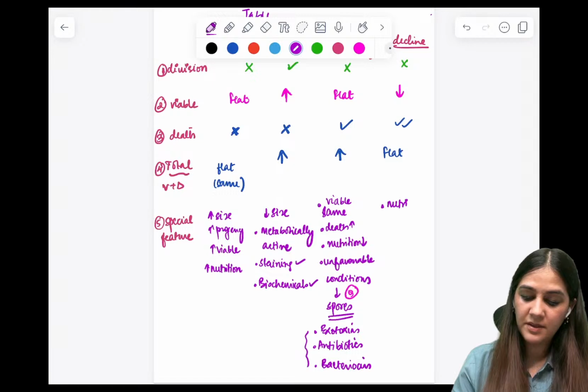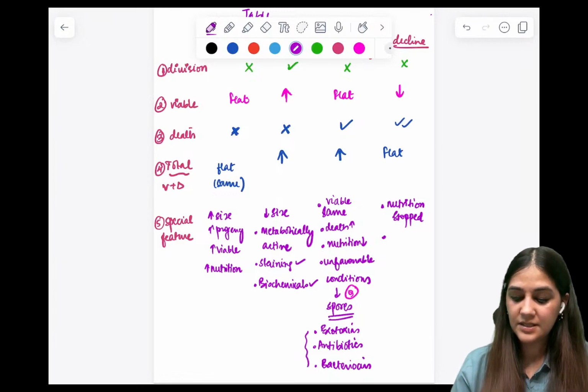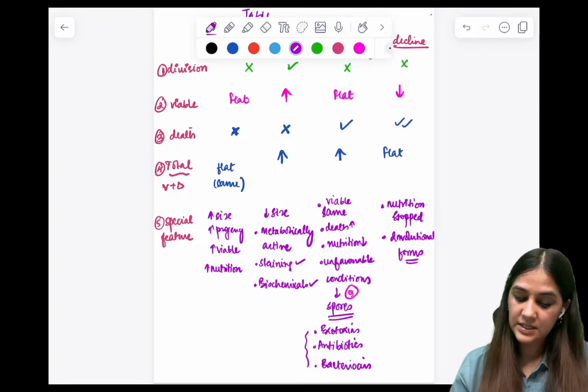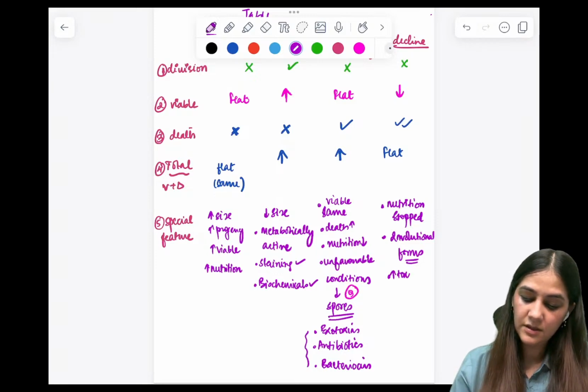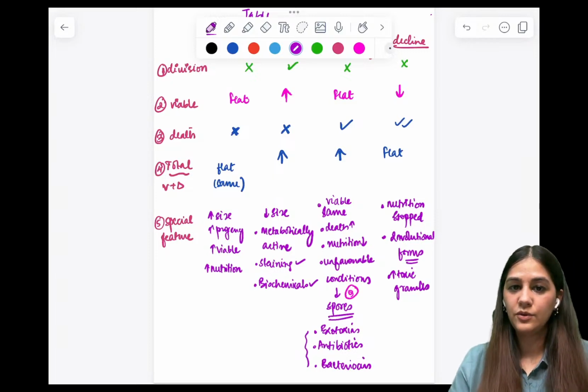Nutrition has stopped completely, but the bacteria is still trying to protect itself, trying to fight. So involutional forms are increasing and a lot of increase in the toxic granules because it's accumulating a lot of toxic granules.